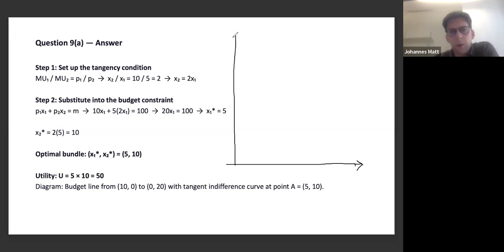Okay. So here's our system, right? And I'm going to put x1 down here, and I'm going to put x2 up here. Right? So the number of steaks is on the x-axis and the number of vegetables is on the y-axis.